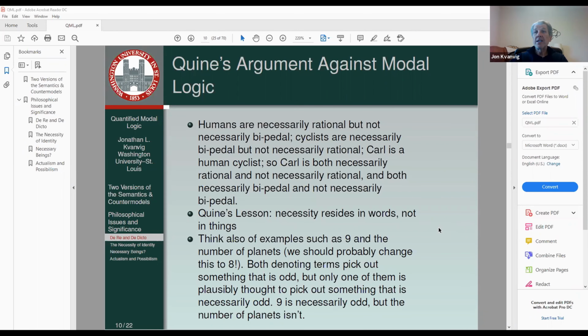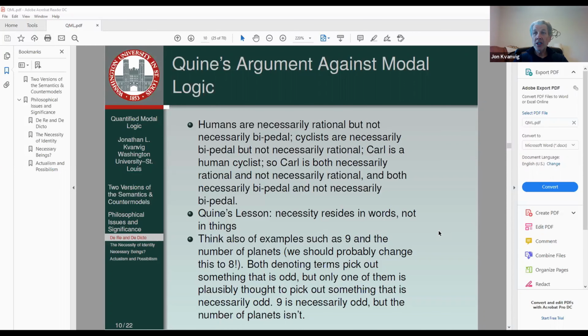There are other cases of this as well, one that we'll come back to. It's not clear how many planets there are. It's been a little up in the air, but it seems like there's 8 instead of 9. But philosophers, when they were writing about this, everybody assumed it was 9. So 9 has certain essential properties. It is, for example, 3 squared.